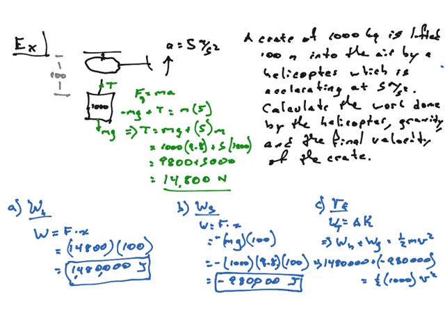All right, so 1,480,000 minus 980,000 gives me 500,000 equals 1/2 of 1,000, which is 500, v squared. So v squared is, of course, 500,000 over 500. And then to get rid of the square, I take the square root.